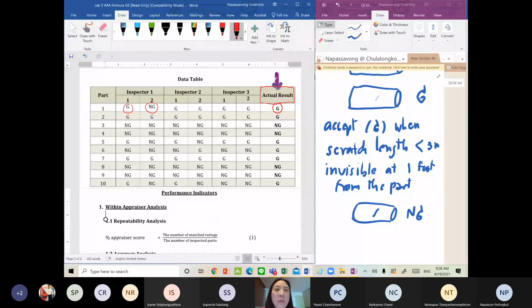A major defect means a defect that may be too big or have a severe effect. So if it contains a major defect, we will judge that part to be an NG part or bad part. But if it contains only minor defects or no defects, we may accept that part, and that part is G.